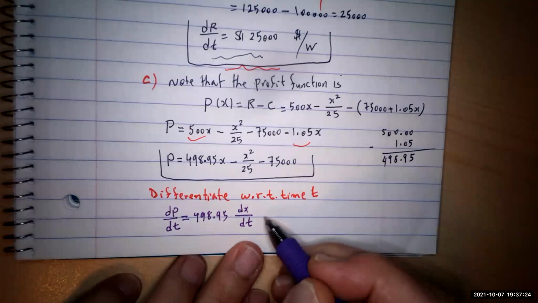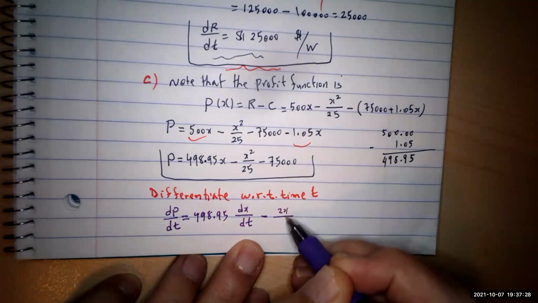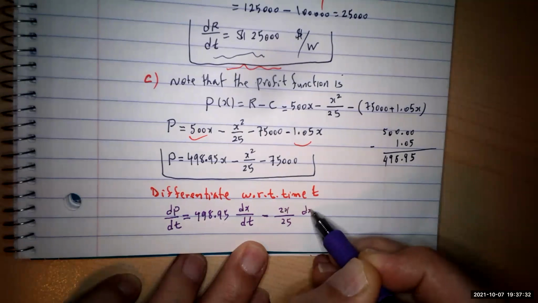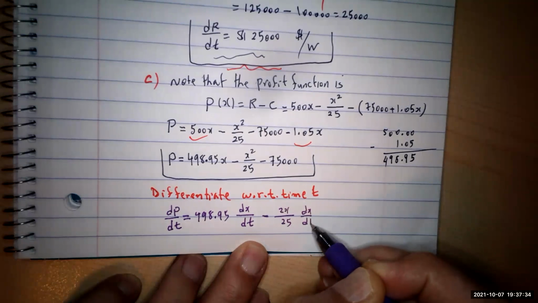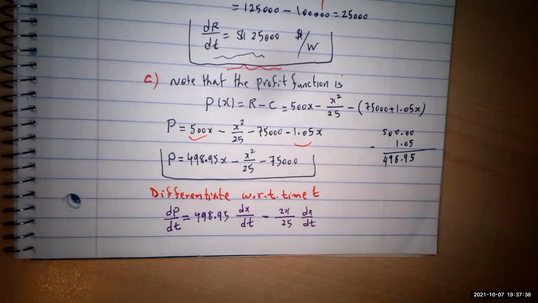The next one is like the previous part that we did. The derivative of x squared is 2x over 25, and you multiply by dx/dt. The derivative of 75,000 would be 0. Any question?